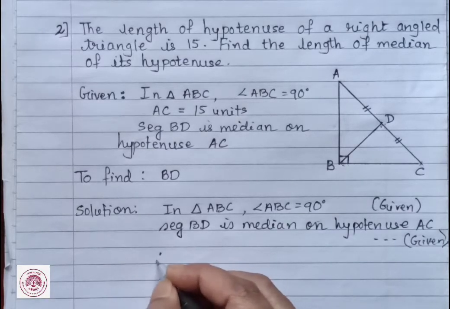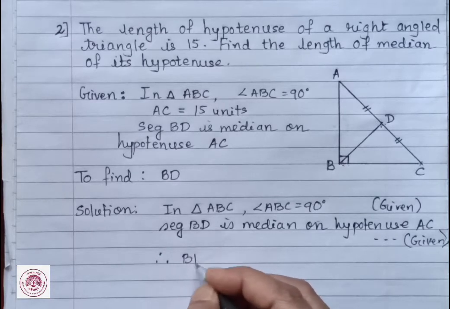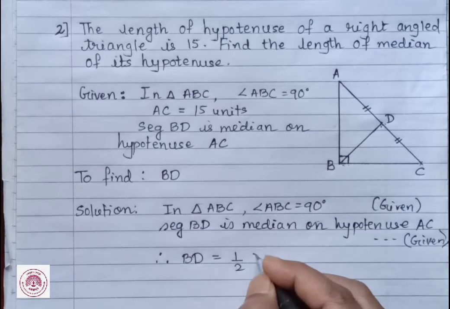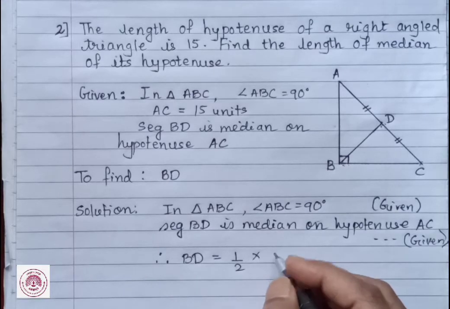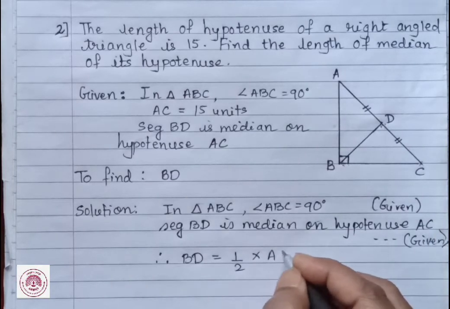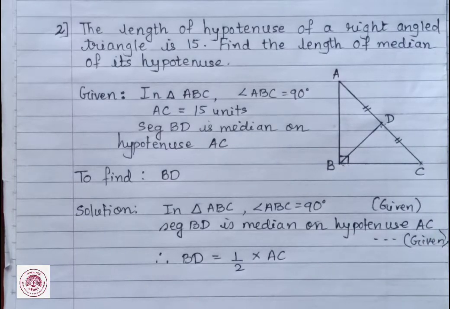Therefore BD, which is the median, is equal to half of the hypotenuse. This is the property, half of the hypotenuse. Here the hypotenuse is AC, so we will write AC here.